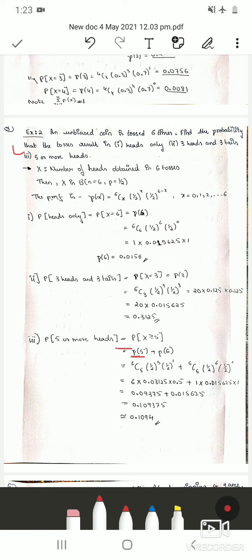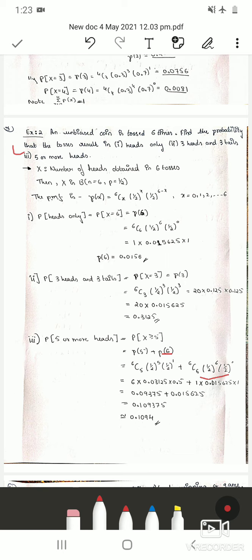In place of x, first substitute 5, calculate that probability, plus in place of x substitute 6 and then find its probability. So it is 6C5 into (1/2)^5 into (1/2)^1, or (1/2)^6, you can multiply 0.5 by itself 6 times. Then plus here x is 6, therefore in place of x substitute 6, it will be 6C6 into (1/2)^6 into (1/2)^0.